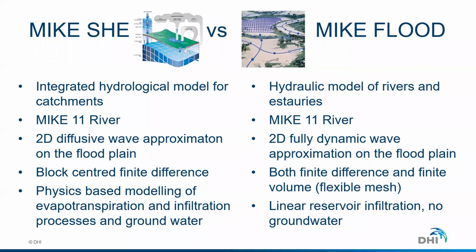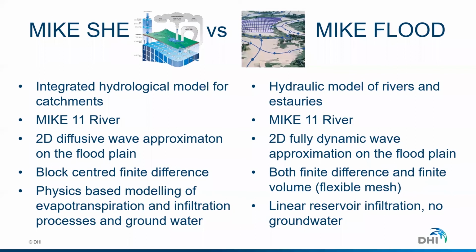So that was the work with MIKE SHE. Then we said, well, okay, maybe some of the differences here are not just because of the modeling approach or the topography. Maybe we need a more comprehensive modeling approach for the flood dynamics. So we have also been modeling this with MIKE FLOOD, which you can see the comparison of here. It's a fully hydraulic model, so we're solving the 2D fully dynamic equations, the St. Venant equations, if you like.